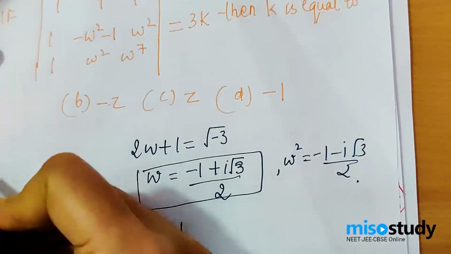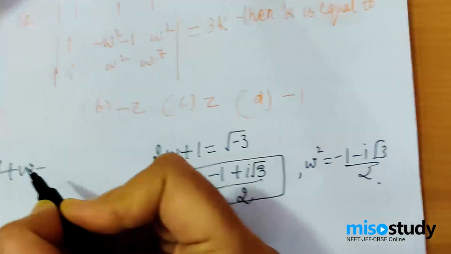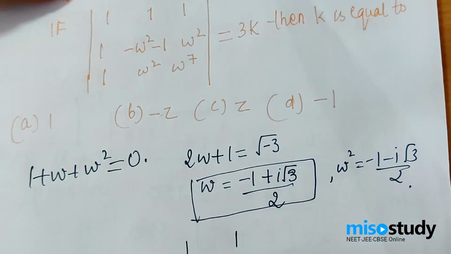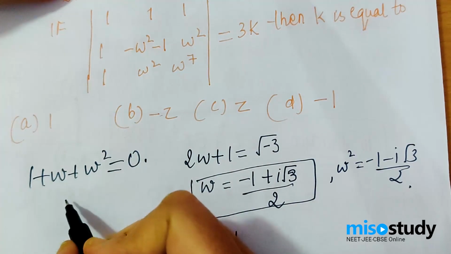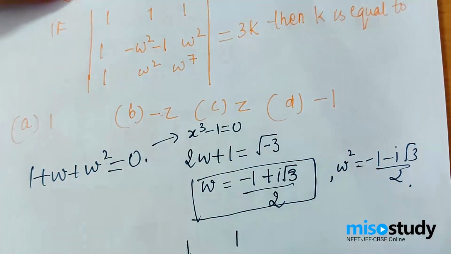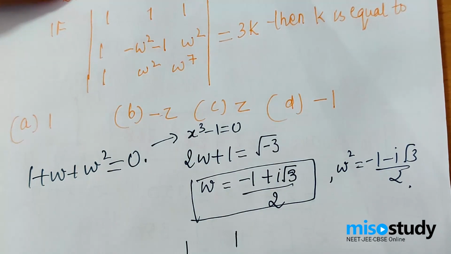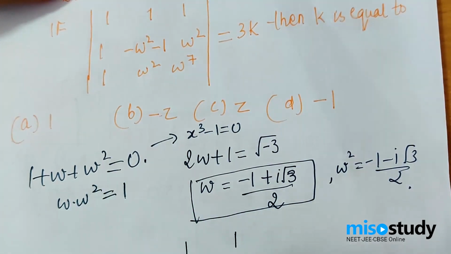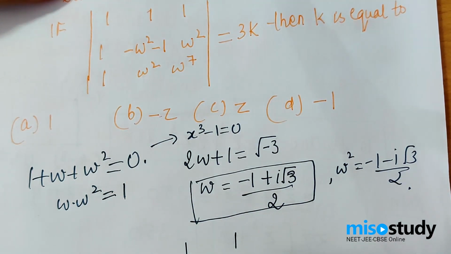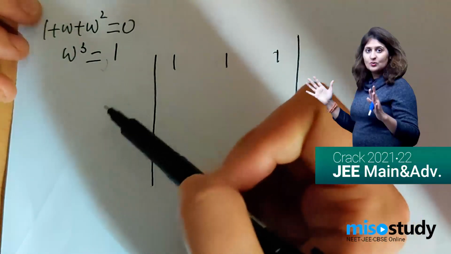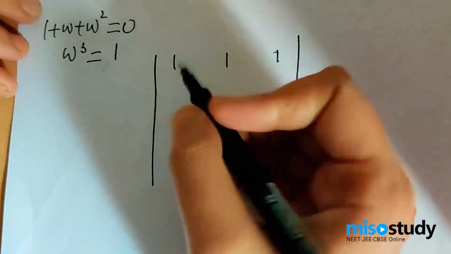I know that 1 plus omega plus omega square is equal to 0, because these are the roots of the equation x cube minus 1 equal to 0. And I also know that omega into omega square is equal to 1, that is, omega cube is 1. Now I will use 1 plus omega plus omega square equal to 0 and this, and substitute the values in the determinant.